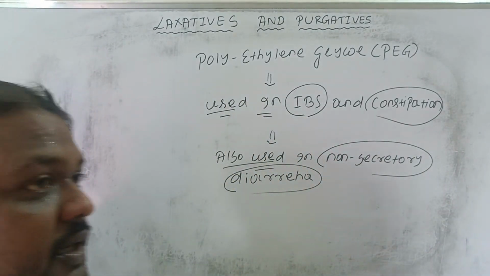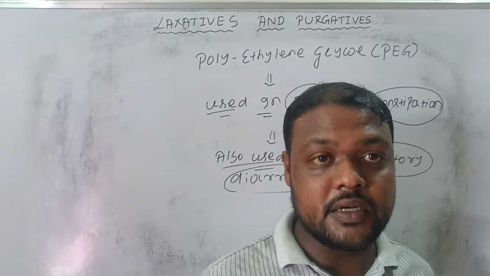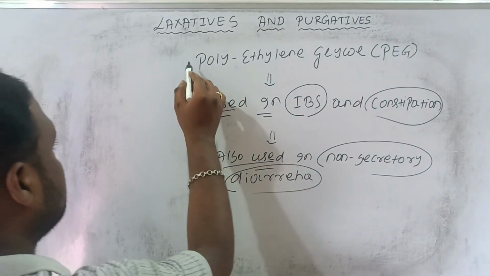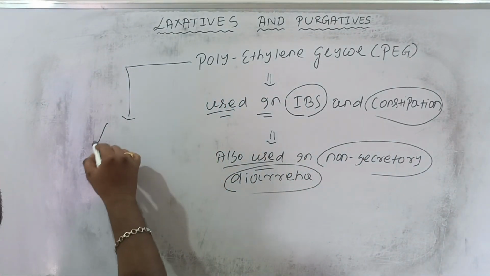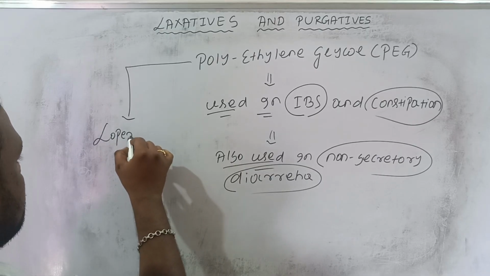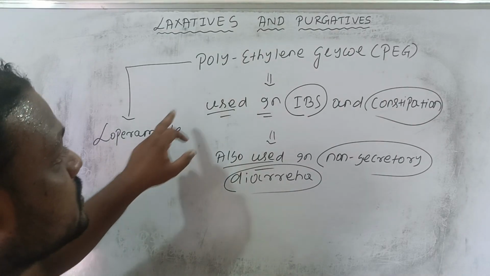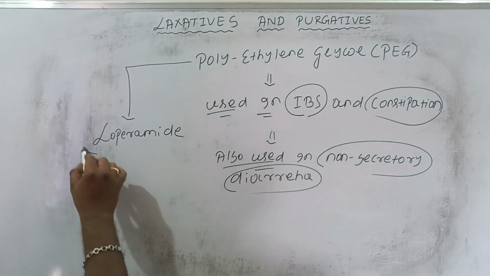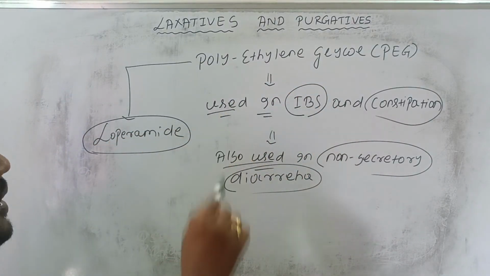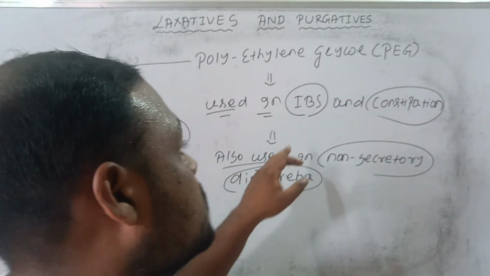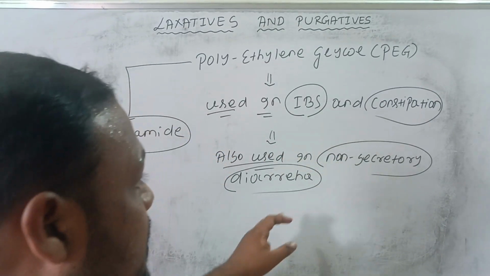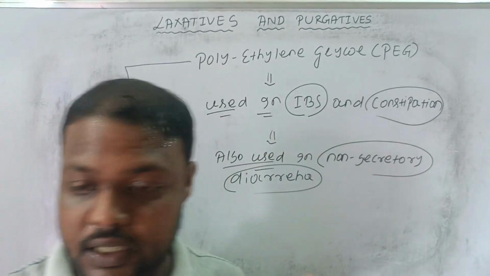The drug is loperamide. Loperamide, in the PEG group, is used in IBS constipation and also in non-secretory diarrhea.